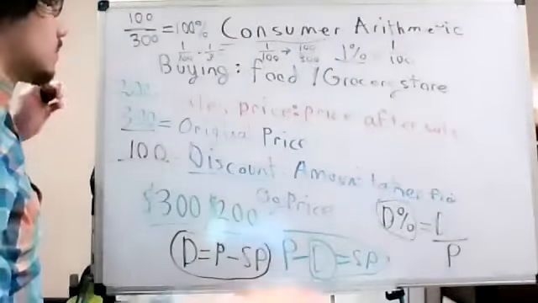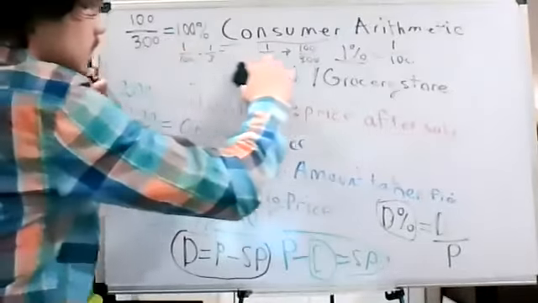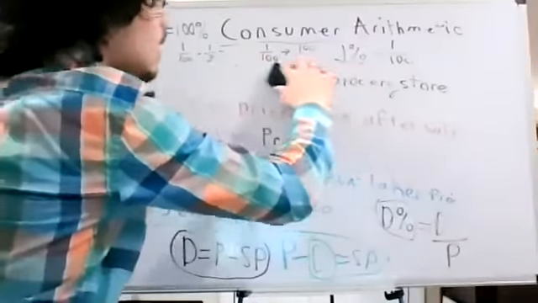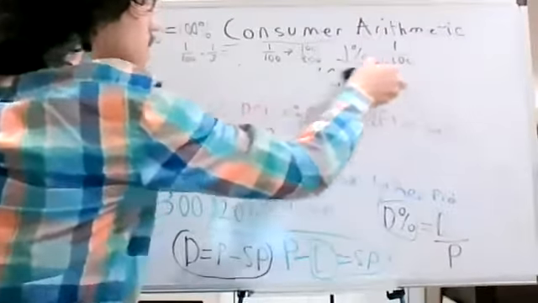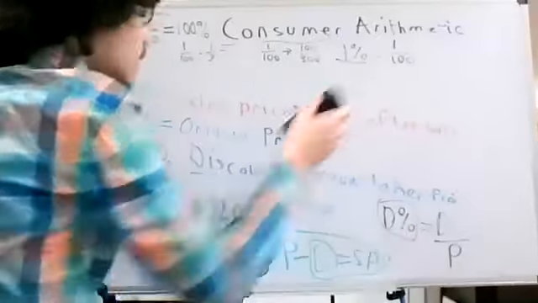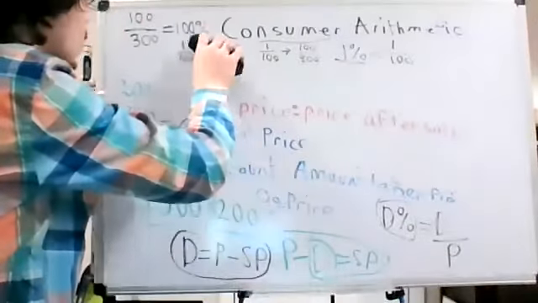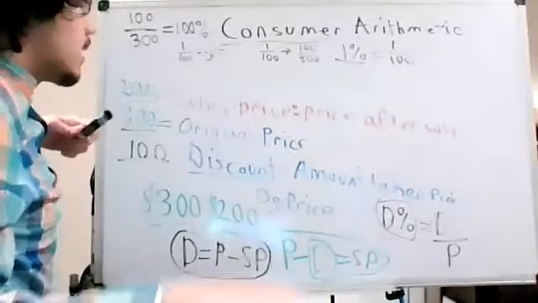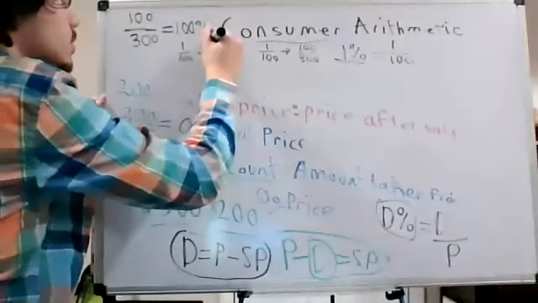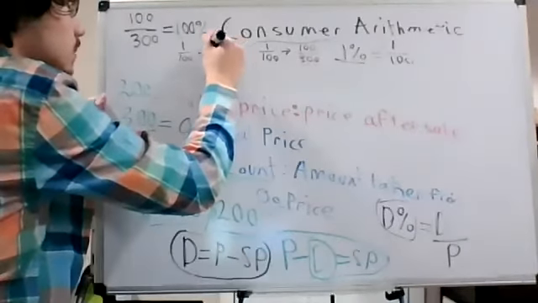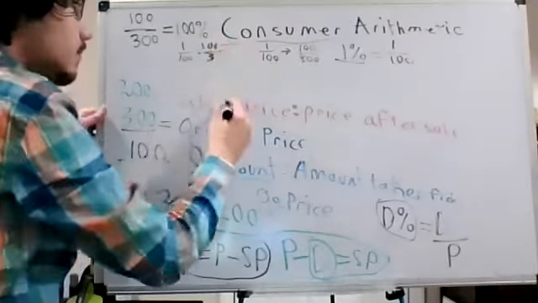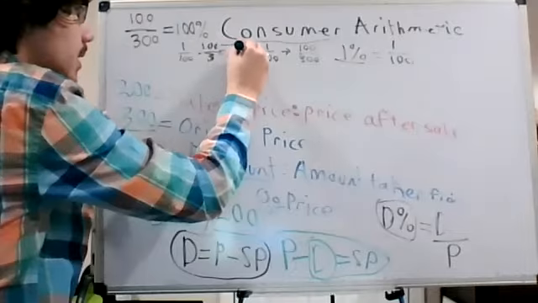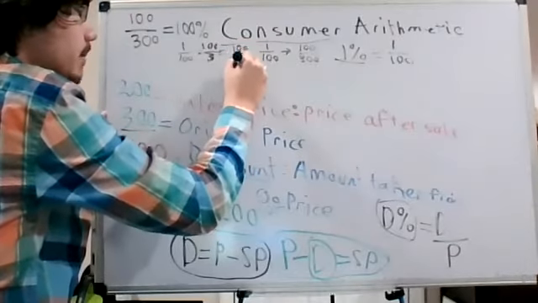Sir, I mean 100 over 3. Very good. So 1 over 100 times 100 over 3 is equal to 100 over 300.